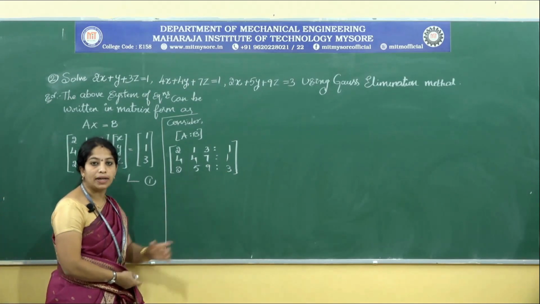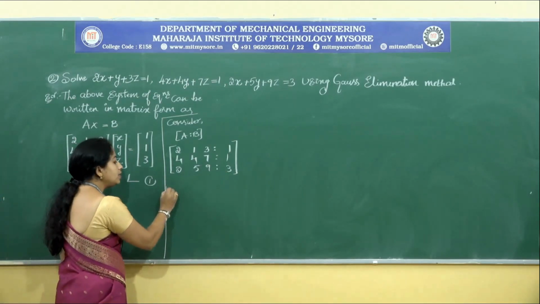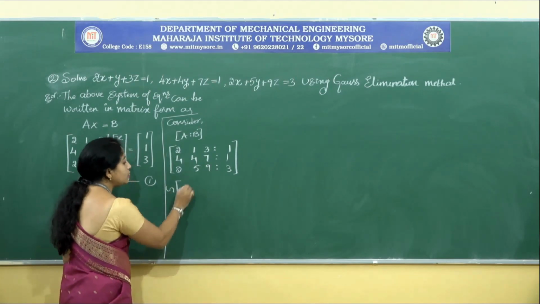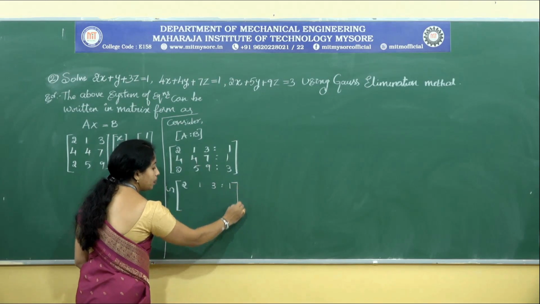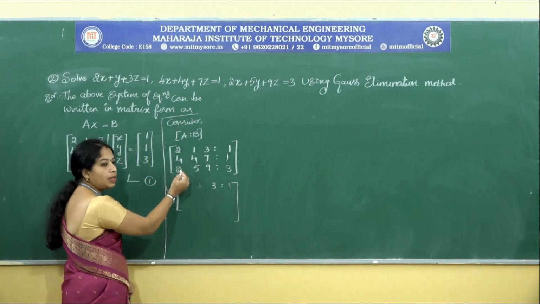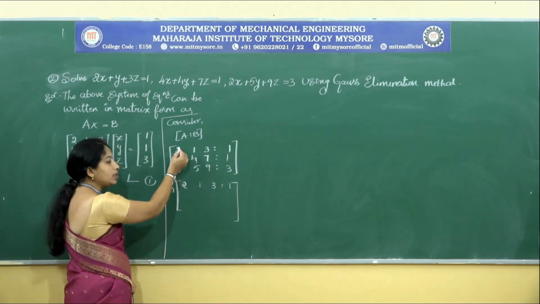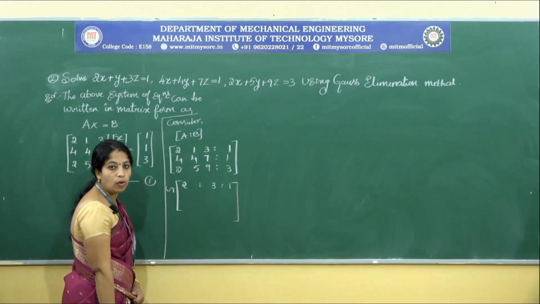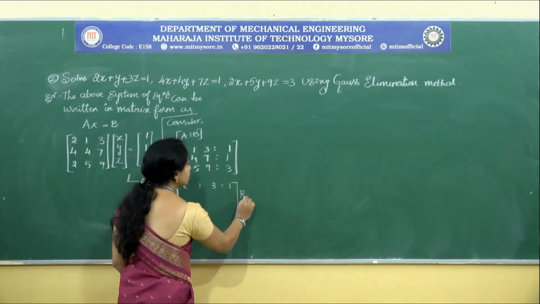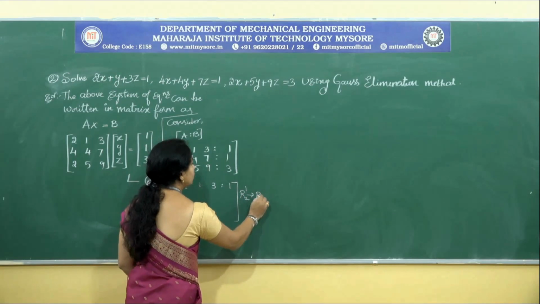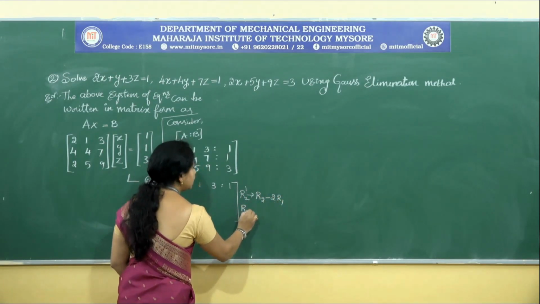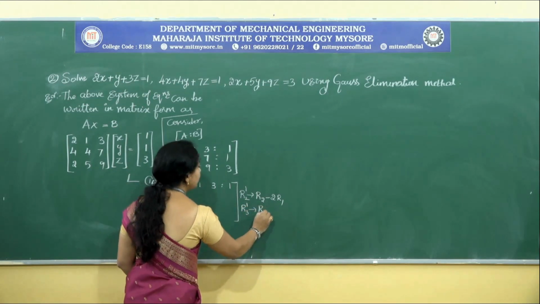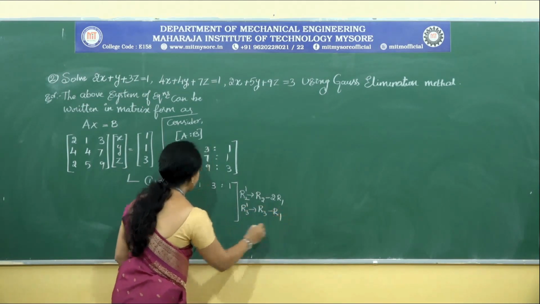Now this matrix is equivalent to, writing the first row as it is 2, 1, 3, 1. We have to make these two elements as 0 by using this element. Apply only row operations. R2 dash is R2 minus 2 times R1. R3 dash will be R3 minus R1.